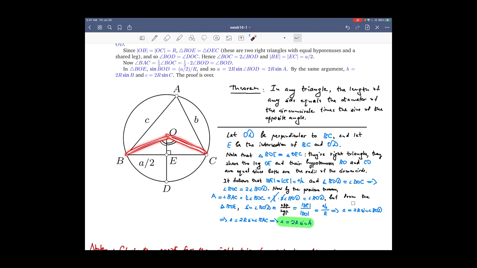Both are the radii of the circumcircle. This leg is shared, and therefore everything else in these triangles is equal. In particular, BE equals EC, so point E is the middle of the segment BC, and therefore BE equals a over 2.